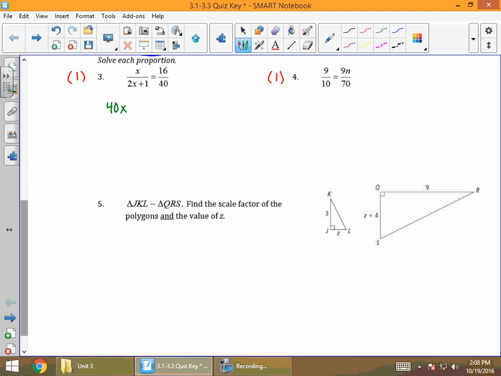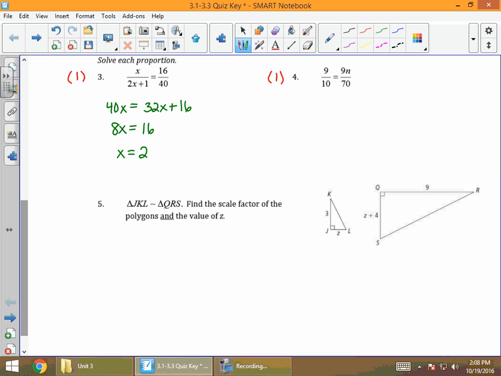And then 16 times 2x plus 1. Make sure you distribute. 16 times 2x is 32x, plus 16 times 1 is 16. I'll subtract 32x on both sides and get 8x equals 16, divided by 8. So x is equal to 2.